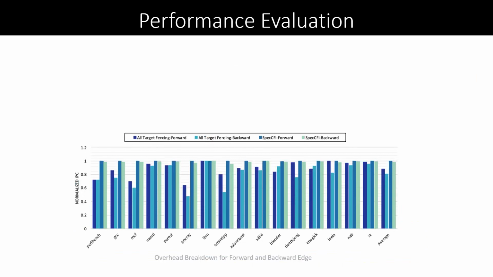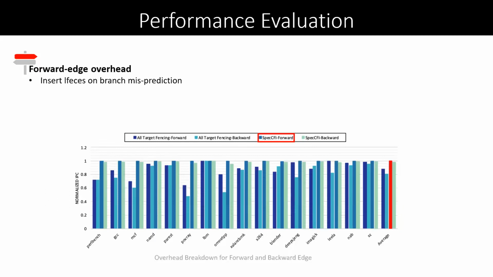Measuring the impact of forward and backward edge defenses separately can also be insightful here, since they use separate mechanisms for protection. As for SPECCFI, the overhead cost from forward edge defense is typically very low because SPECCFI only inserts fences on misspeculation. We also know that the prediction rate of indirect branches is pretty high in modern processors.